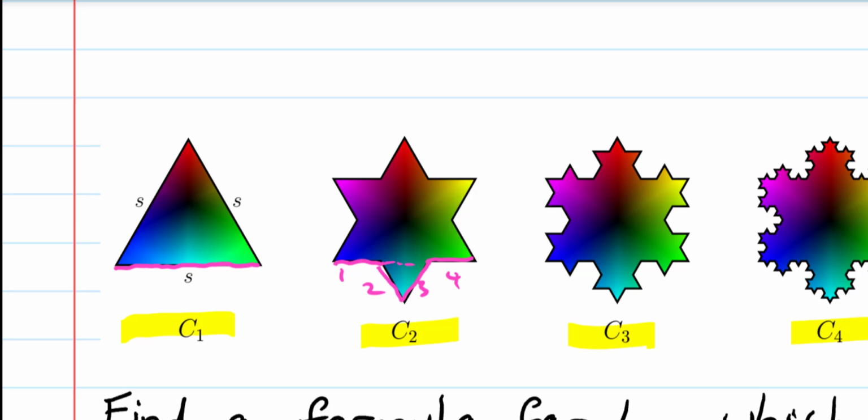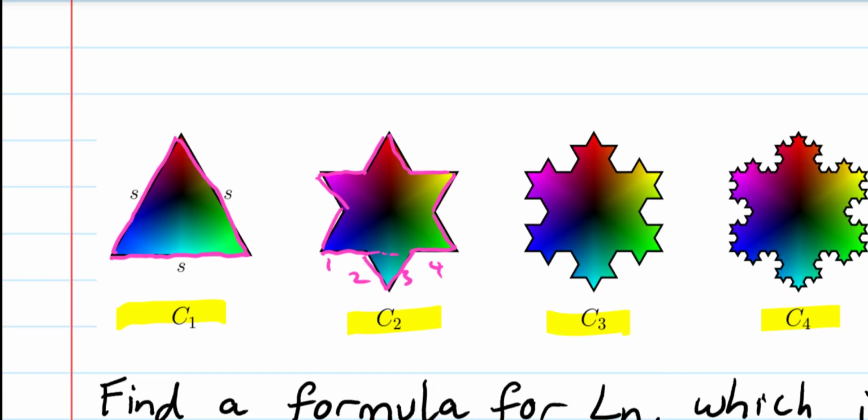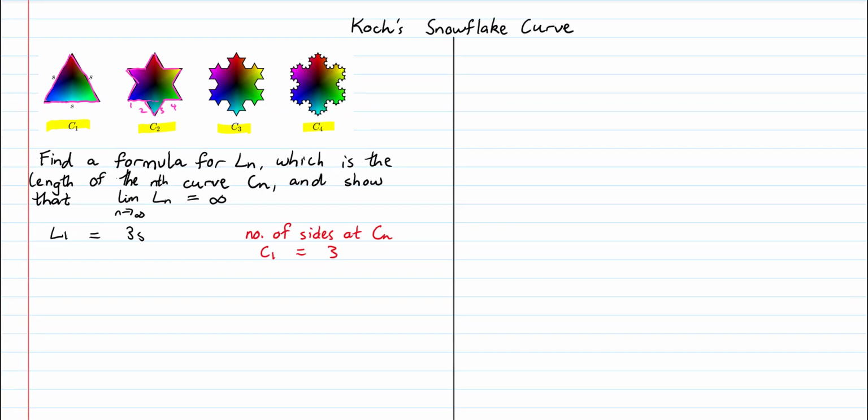And that's going to be true of all the line segments from C1. So say if we take this one here, that now becomes 1, 2, 3, 4 line segments in C2, and this one here also becomes 1, 2, 3, 4 line segments. So that means curve C2 is going to have 3 times 4 sides.